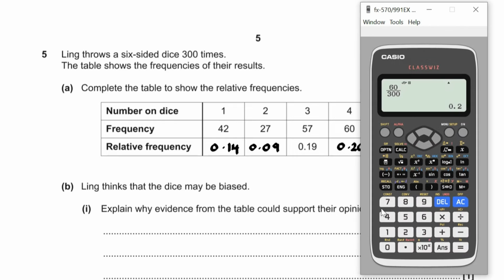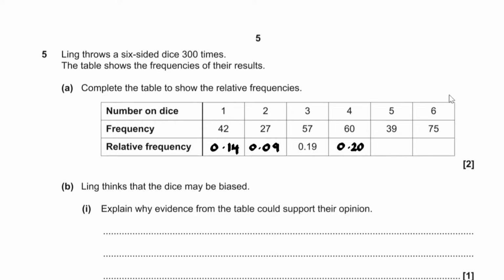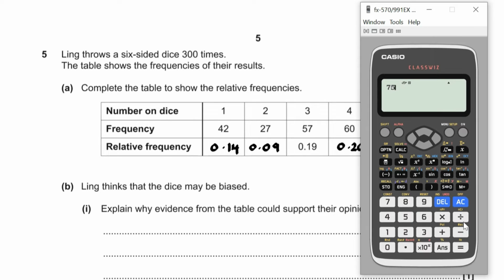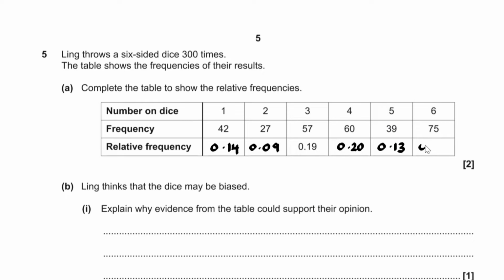Then we've got 39 over 300, which is 0.13. Then we've got 75 divided by 300, which is 0.25. Here is the completed relative frequency.